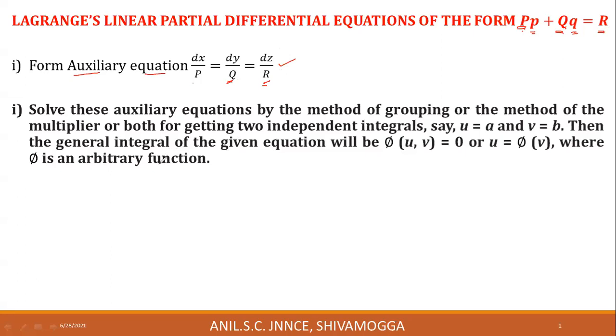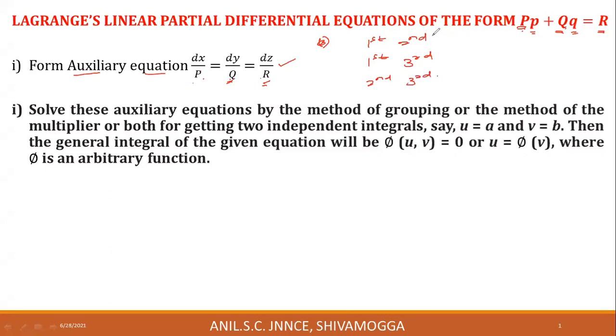Next, second working rule. Solve these auxiliary equations by the method of grouping. By the method of grouping means here you can consider first and second ratios, or you can consider first and third ratio, or you can consider second and third ratio.